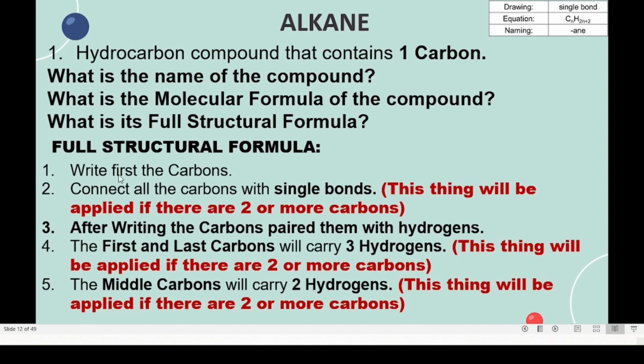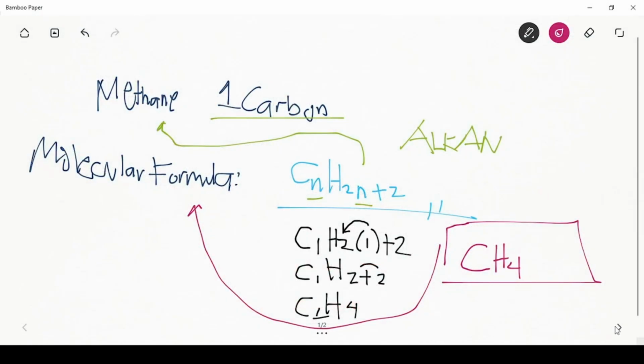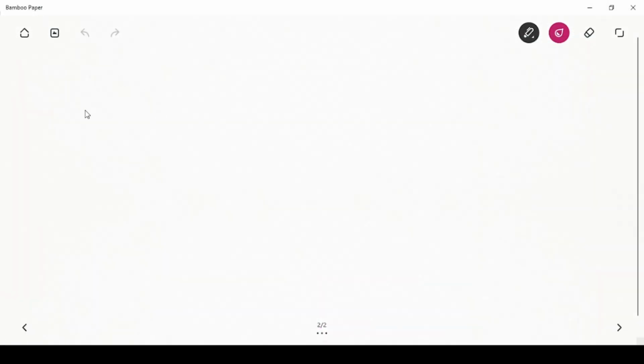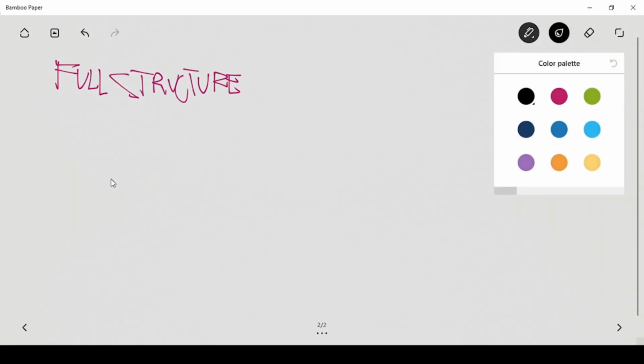Now, all we need to do first is write the carbons. Okay, let's go to the second page. Now, in getting the full structure, you need to write the carbon first.